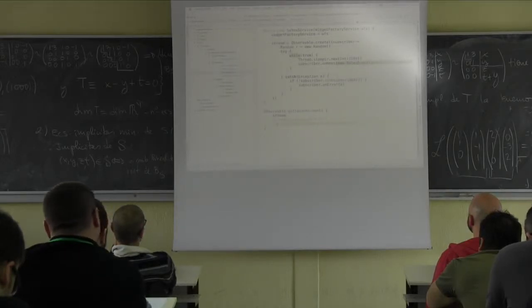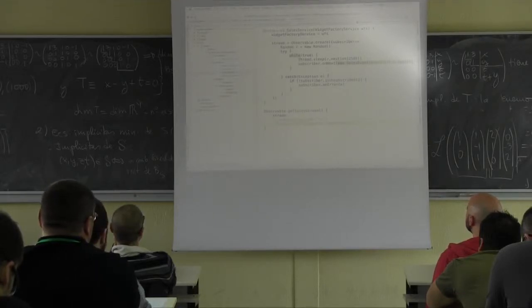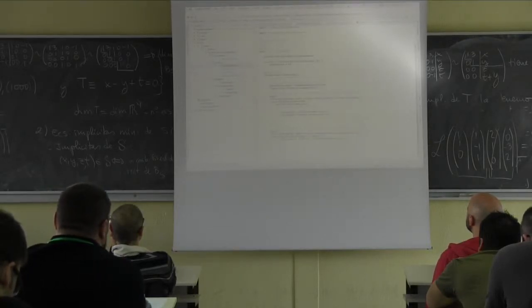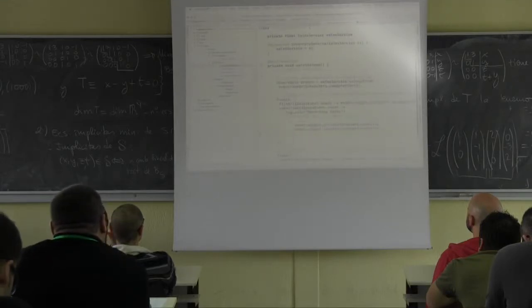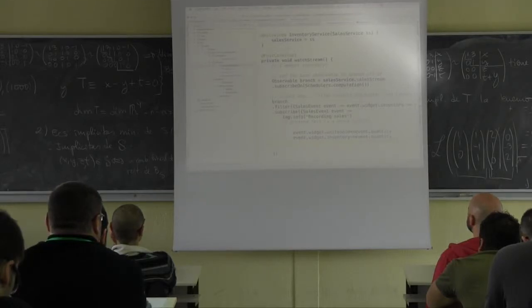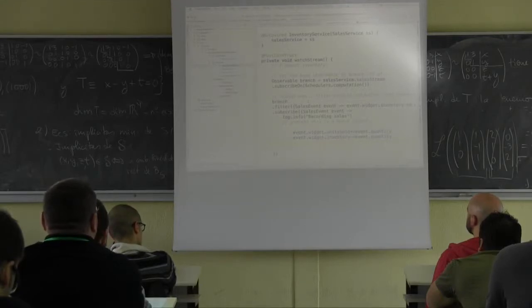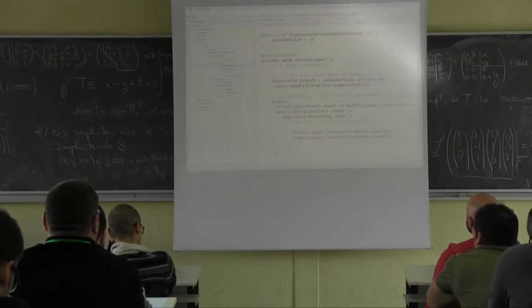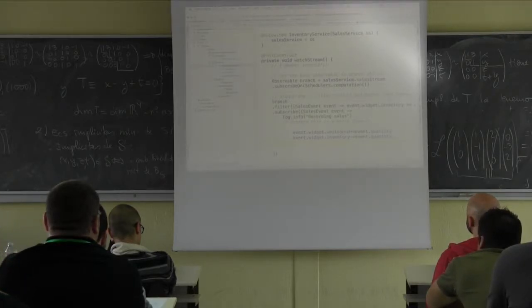So listeners can access the sales stream and receive these sales events and then respond to them accordingly. So I have an inventory service, which is the slide I showed you earlier, which is receiving these particular sales events and then filtering, then deducting inventory, and then incrementing the amount of money that we're making by all these sales occurring.